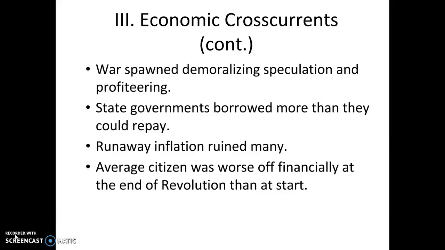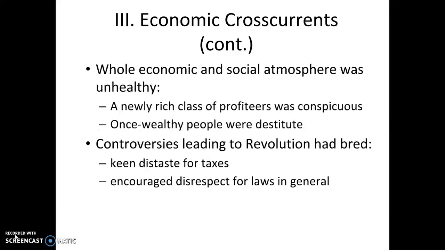State governments are going to get into some trouble because they're going to borrow more money than they can repay. And because of that, inflation ruins a lot of people. The average citizen at the beginning of our new nation is really off to a bad start and is actually worse off now under this new independent rule than they were under British rule.